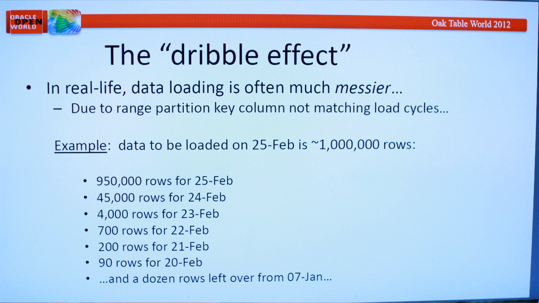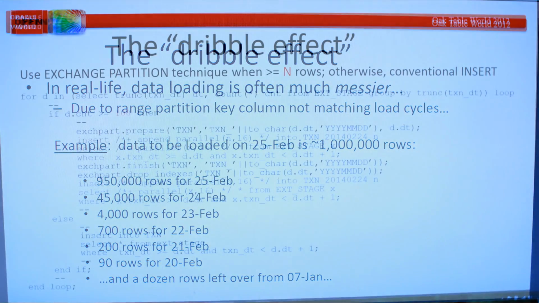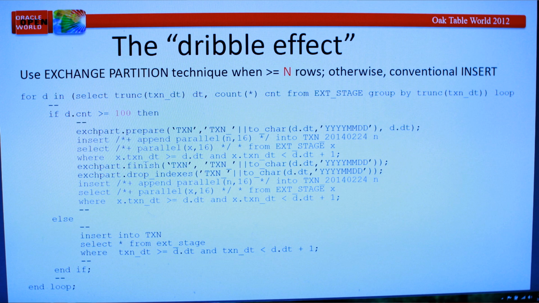This is, I'm sorry, a bit of an eye chart, but what I'm trying to describe here is the setup of having an external table. I called it extern stage, EXT stage. It's a flat file somewhere that's got my 1 million rows of data that are supposed to go into the table today.